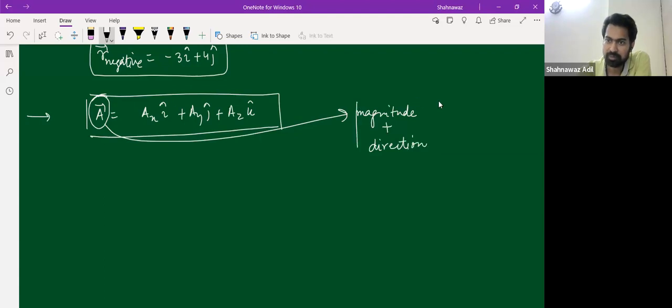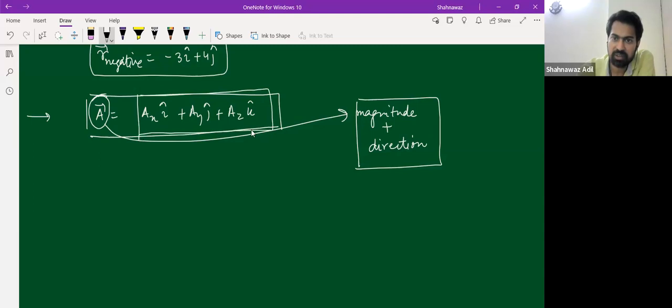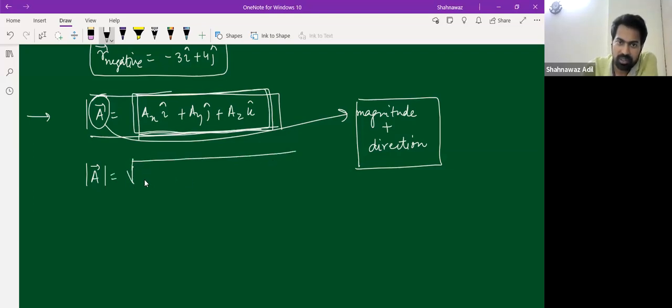How will we find the magnitude of this vector, and what would be the direction of this vector? To calculate the magnitude, it is defined like this: the square root of ax squared plus ay squared plus az squared. Just note down this part.